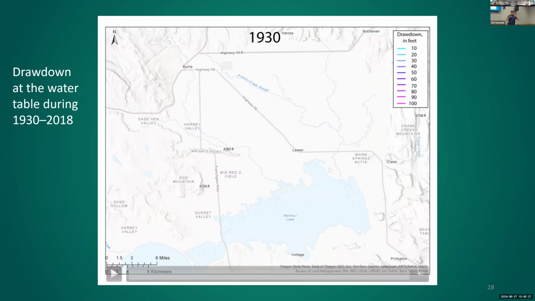We run this simulation through time and subtract each decade from the 1930s to figure out the differences, the drawdown. That's how much water has been removed from storage. So as I run this, I'll explain what we're going to see.